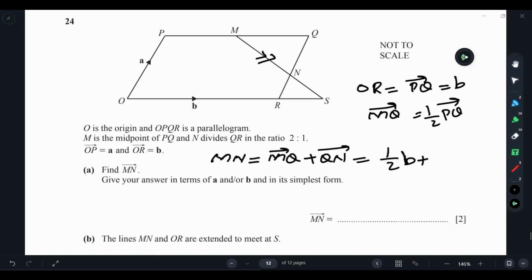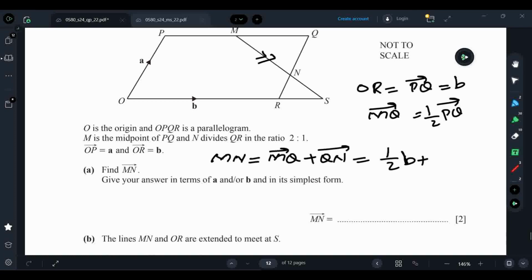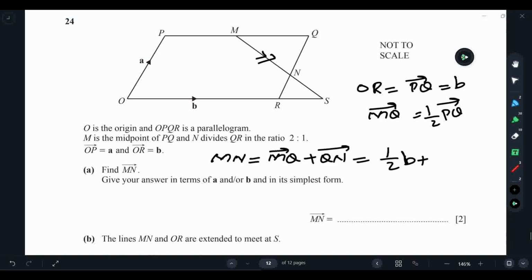For QN, they said that N divides QR in this ratio. So QN will be 2 when NR is equal to 1, because they said it is divided in 2:1.